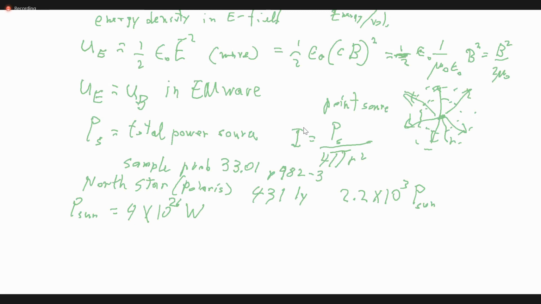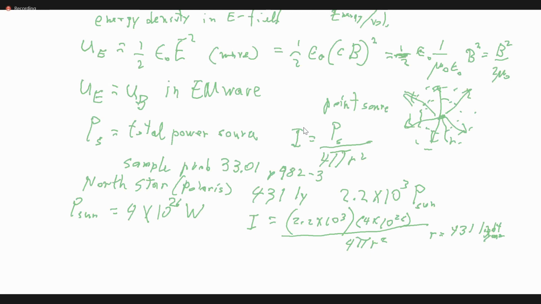So the intensity that Polaris puts out is going to be 2.2 times 10 to the 3 times 4 times 10 to the 26th over 4 pi r squared, where r is 431 light years. So you have to convert from light years to meters.